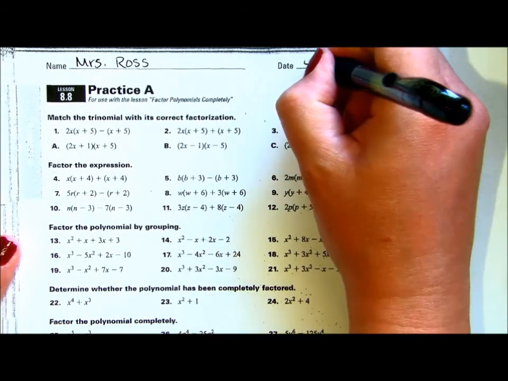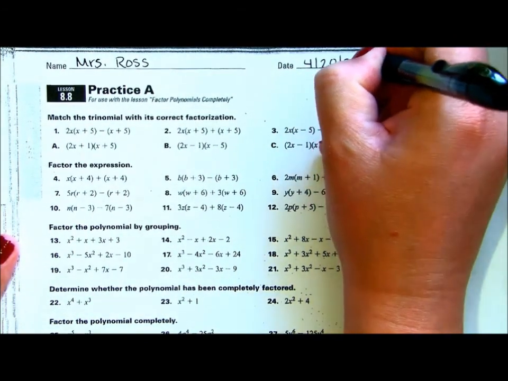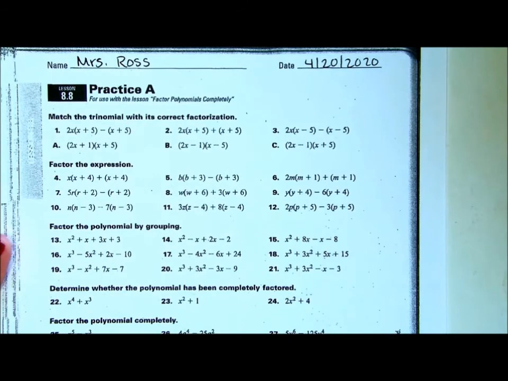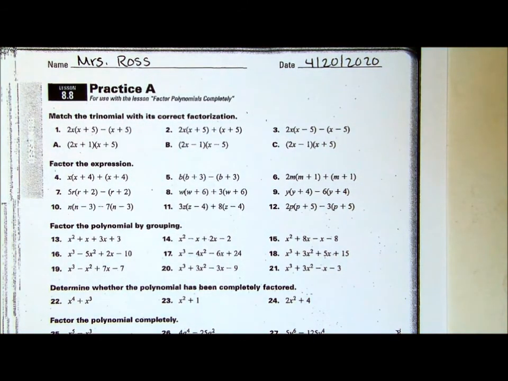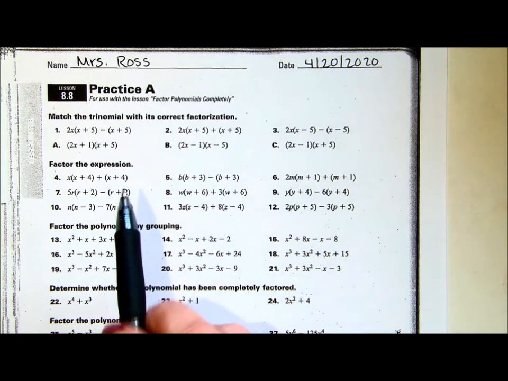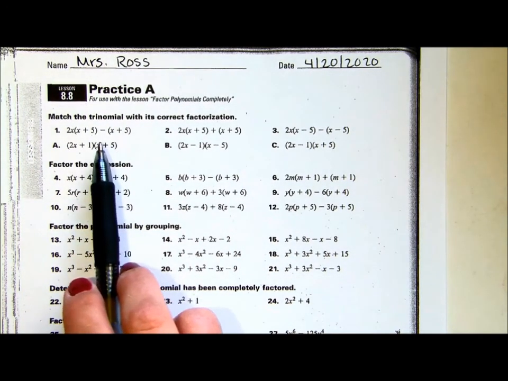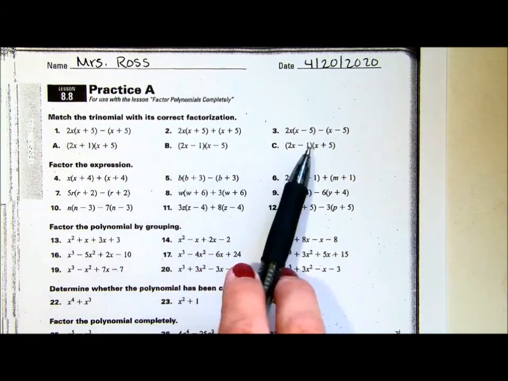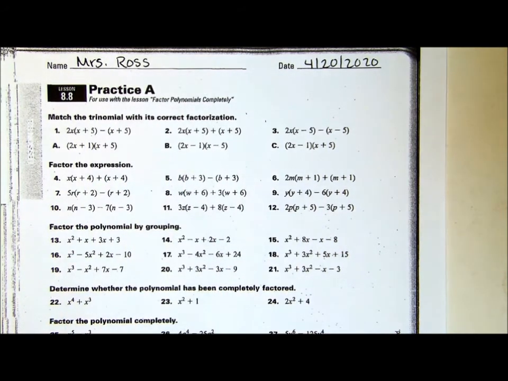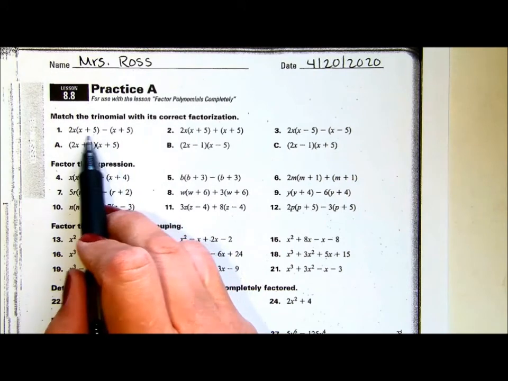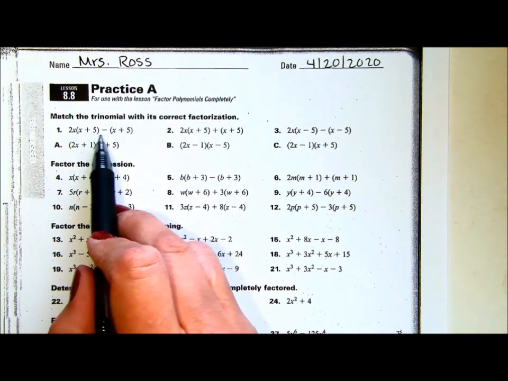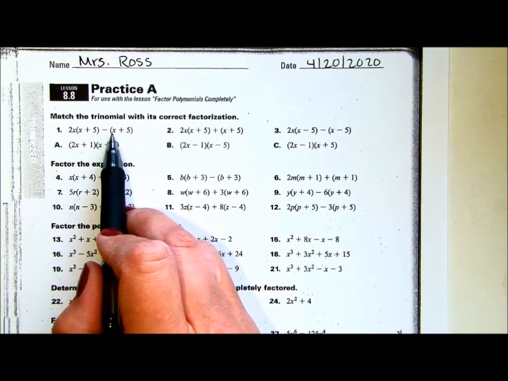All right, so taking a look at this, it begins with match the trinomial with its correct factorization. For this set of questions, we're going to be matching 1, 2, and 3 with A, B, or C. Anytime we see a problem like this, 2x parentheses x plus 5 minus, and then x plus 5, there happens to be an imaginary 1 right there.